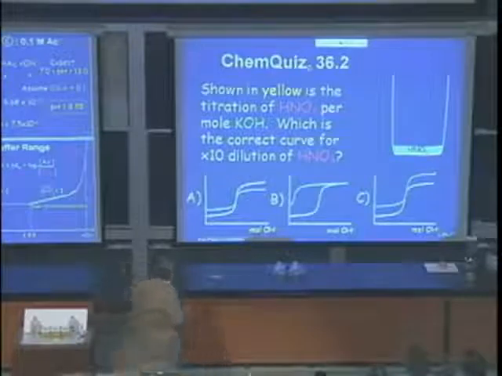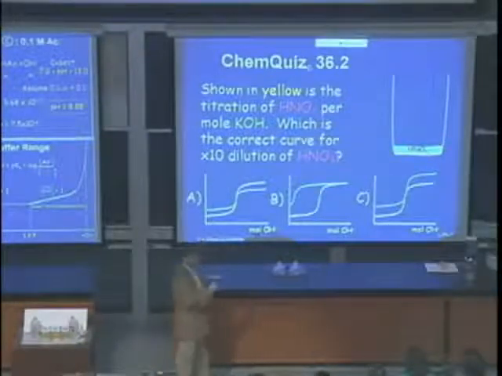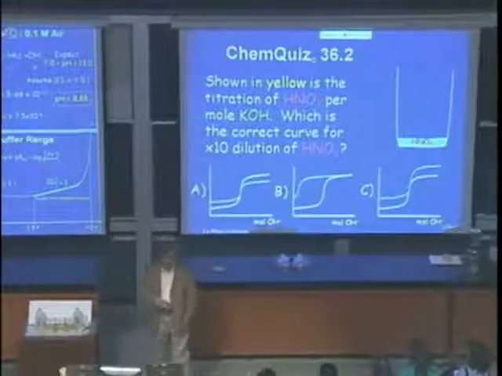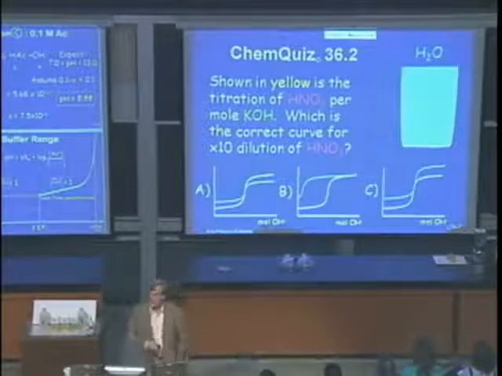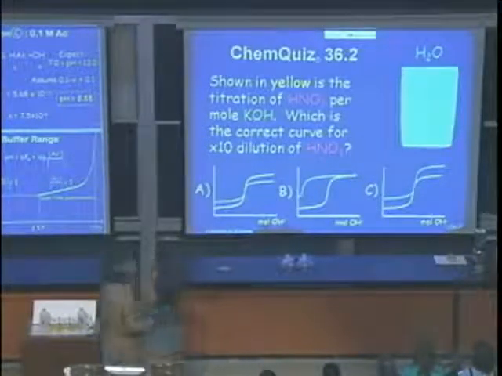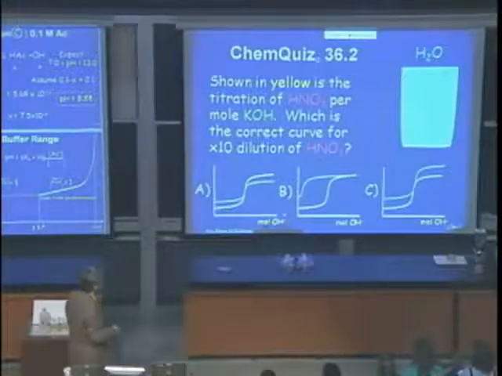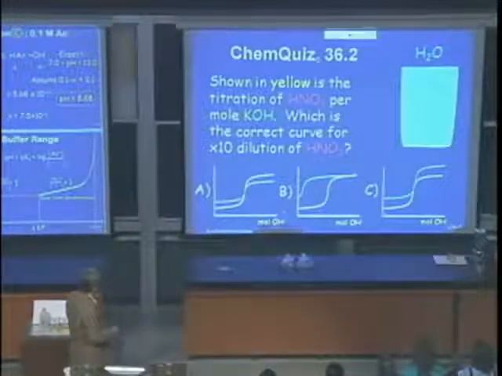So now I'm going to take the nitric acid in my titration vessel, and I dilute it by a factor of 10, okay? And now I do that same titration again, with the same strength of strong base, sodium hydroxide or KOH, potassium hydroxide.